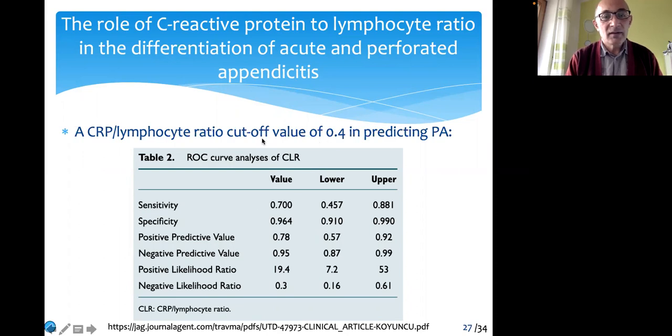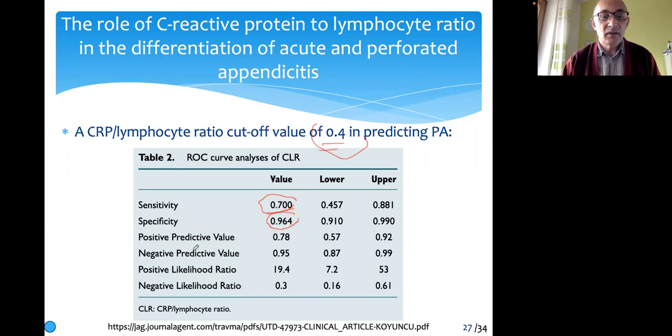They used a cutoff value of 0.4 to predict perforated appendicitis, and that threshold has given us a sensitivity of 0.7. These are the confidence intervals, lower and higher. So 70% sensitivity, it's good, isn't it? 70%, and very much higher specificity.